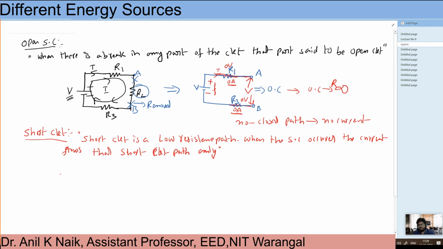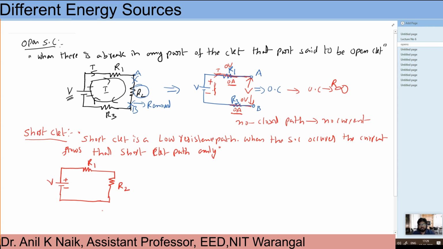So we'll understand this one. You can take a network like this, with different resistors, and two elements connected something like this, with the voltage source plus minus, and R1 and R2.